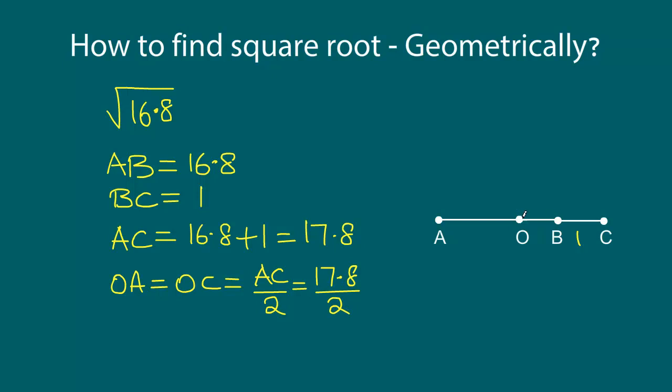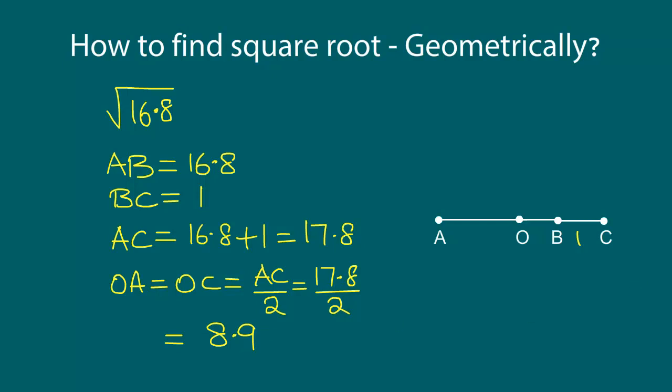Now we are going to draw a semicircle with O as center and OA or OC, this value as radius. So how much is this value? Well, this value simply is, so 2 8s are 16, right? So 1 and 9. So 8.9, right?